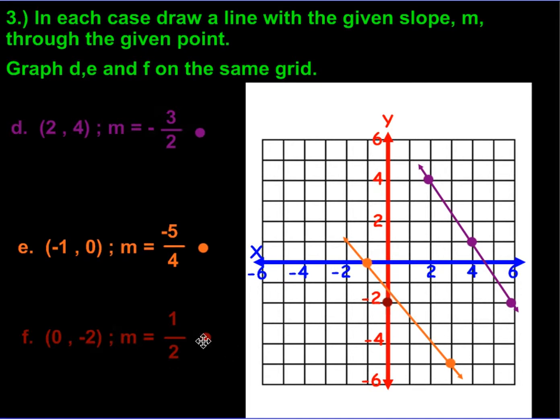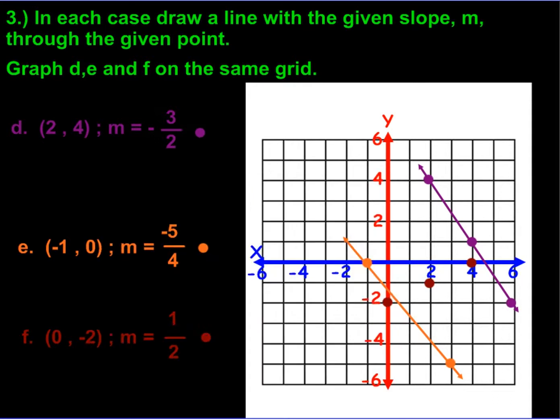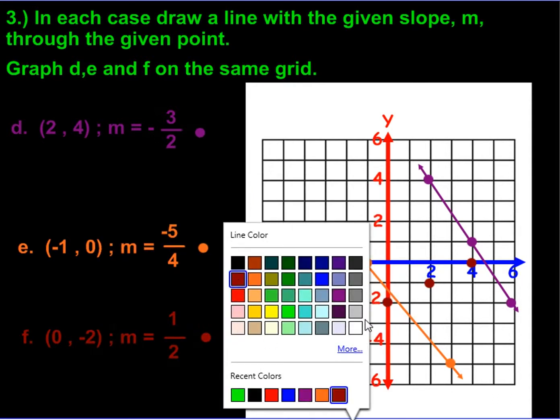And then we are moving 1 up and 2 to the right. So from here we go 1 up, 1, 2 to the right. And from there we're going to do the same thing. We're going to go 1 up, 1, 2 to the right. And then we can go ahead and connect that. Again, want to have arrows on both sides. And we'll keep it the same color.